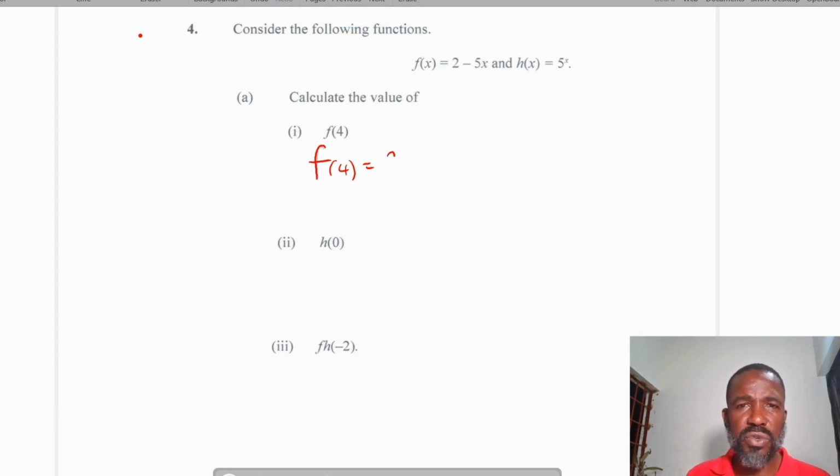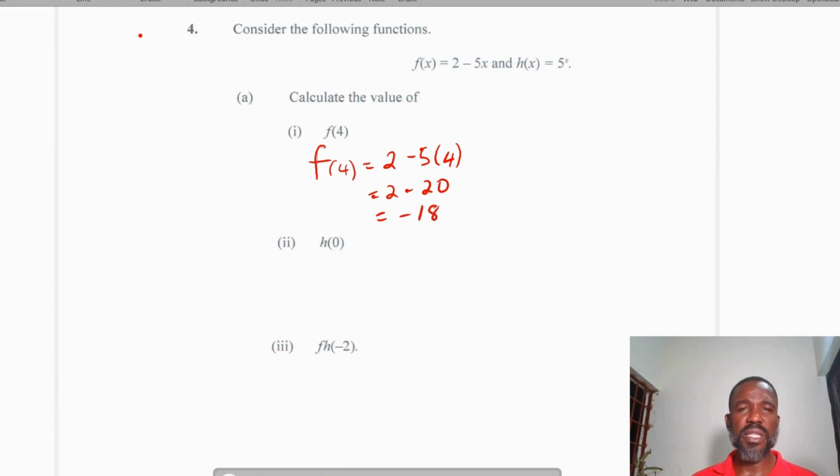So that would mean 2 minus 5 times 4. So 5 fours will give us 20. So 2 minus 20 would be equal to negative 18. And that is what f of 4 would be equal to.